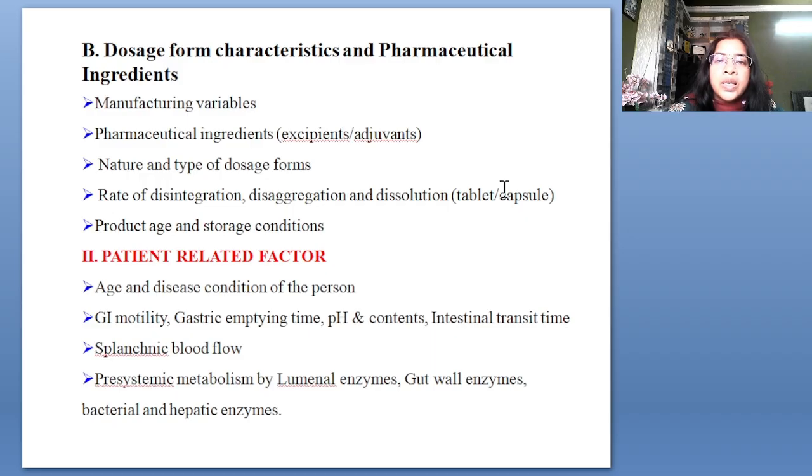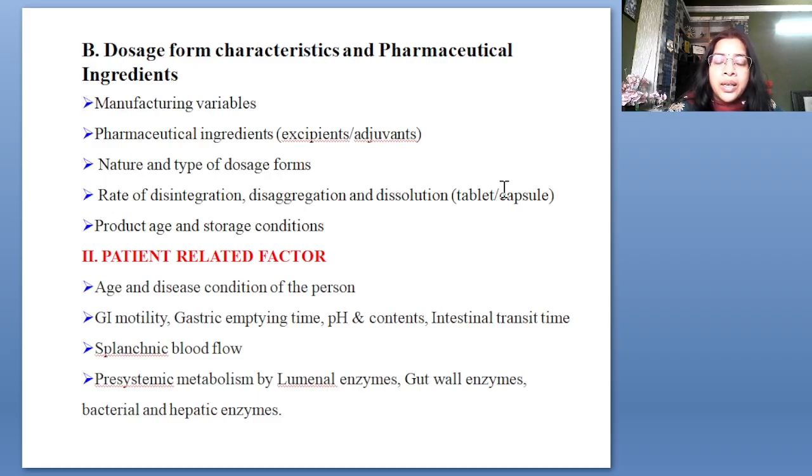This includes factors like manufacturing variables, pharmaceutical ingredients, excipients or adjuvants, nature and type of dosage forms, rate of disintegration, disaggregation, and dissolution in the case of tablets and capsules, product age and storage conditions.